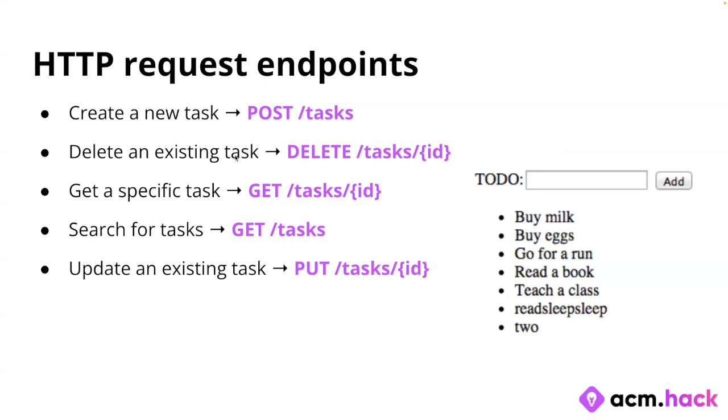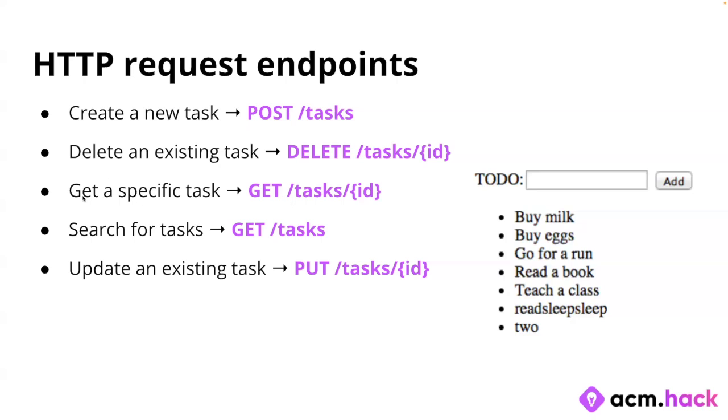In terms of DELETE, we want to delete an existing task. But when we are trying to delete a specific task, we have to specify which task we want to delete. We'll specify that by having this /tasks/{id} thing. In a real-world scenario, we'll replace the curly brackets with the actual ID. So maybe the task that I'm trying to delete has the ID 1. In that case, it will just be /tasks/1 with the DELETE method, of course.